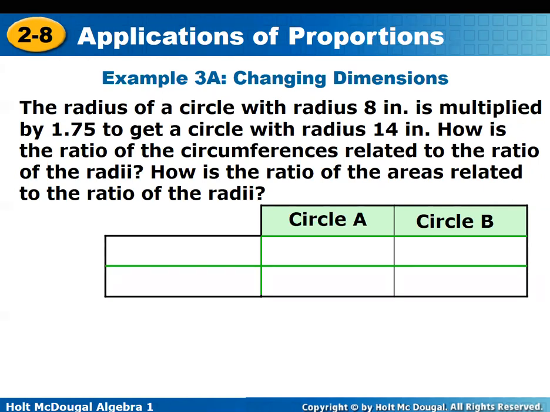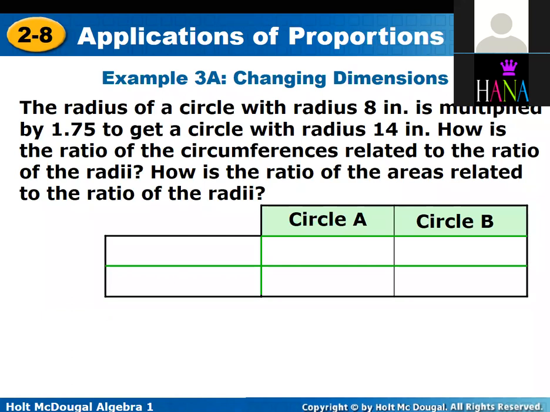So we have a question now. A circle with radius 8 inch is multiplied by 1.75 to get a circle with radius 14 inch. How is the ratio of the circumference related to the ratio of the radii?